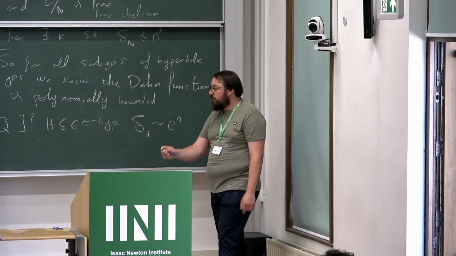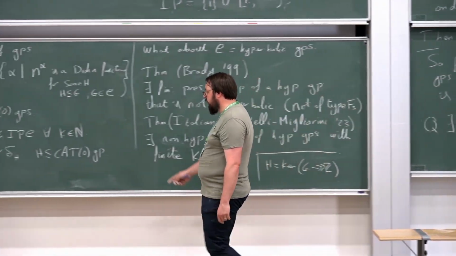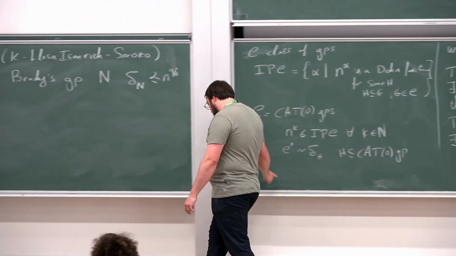Can you tell us how to construct a group with exponential Dehn function? Oh yeah, I can.